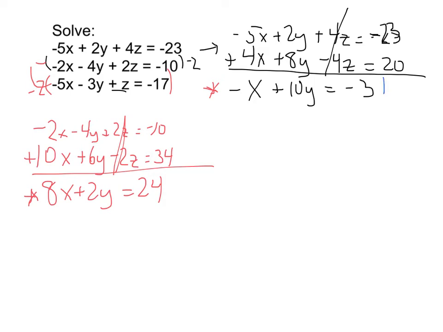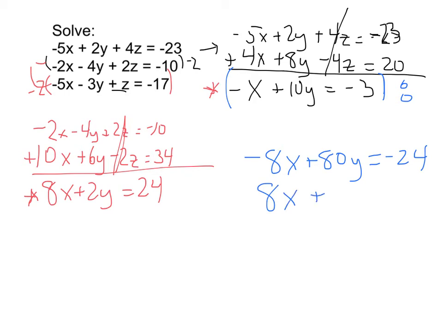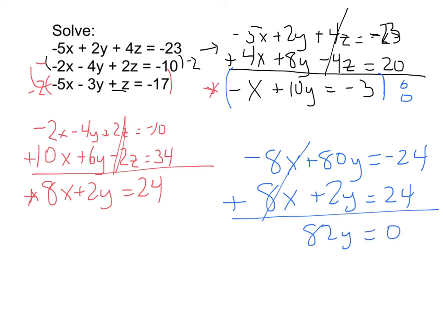So I'm going to multiply the -x plus 10y equals -3 by 8, and now I get -8x plus 80y equals -24, which then when I add up the red equation, 8x plus 2y equals 24, the x's cancel. I get 82y equals 0, which means y equals 0. So I got my first value.